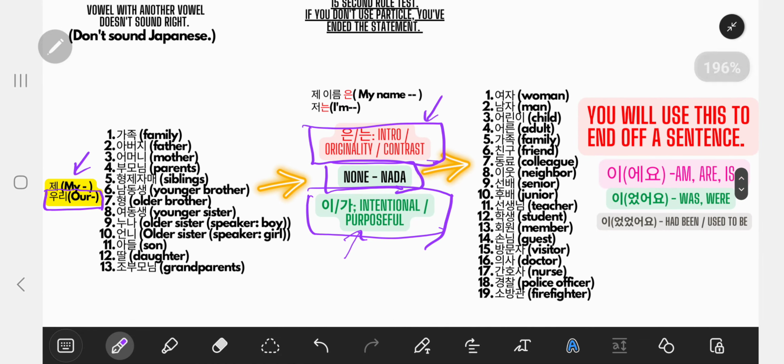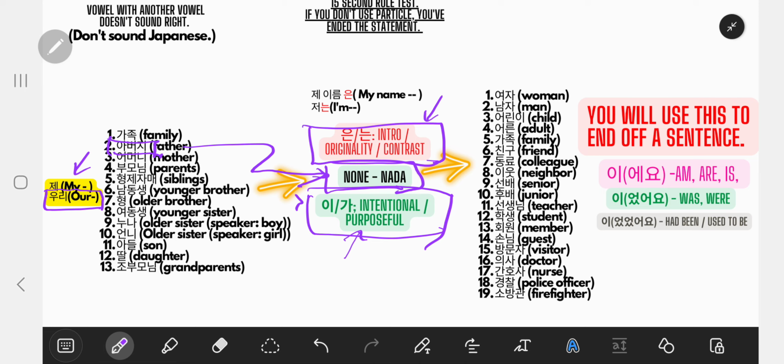So if I want to say something like this, my father is a doctor, then I try to find father first. 아버지, 우리 아버지, and then I'll go to purposeful, intentional. Because when you say this, purposeful and intentional, you are also making sure that you can run your sentences into something else. If you go here and to nothing, no particle, then you are probably just ending your sentence off.